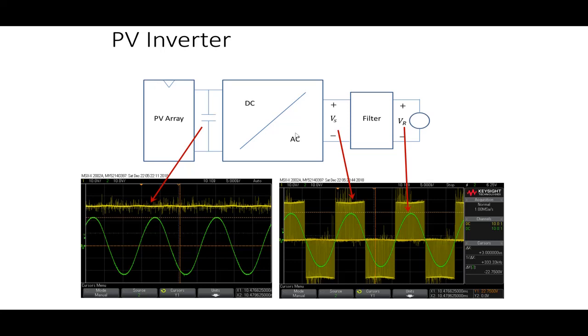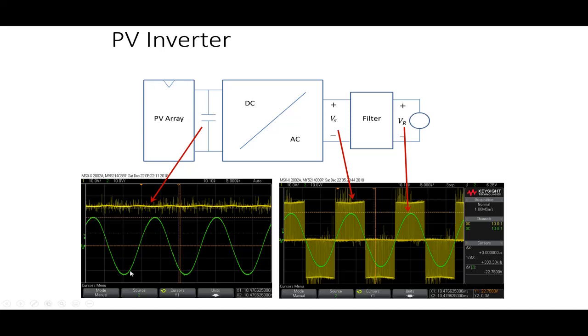But fundamentally, it's used very commonly if I have solar power that I want to connect into the grid. So if I have a photovoltaic panel or a solar panel, that solar panel produces a DC voltage. So the DC voltage that I would get is this yellow waveform. So this is a real waveform. This yellow waveform is the DC voltage coming out of this PV array, this solar panel.